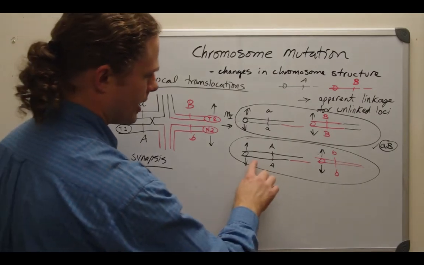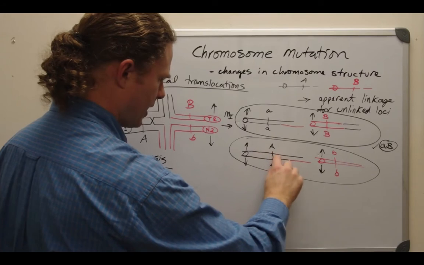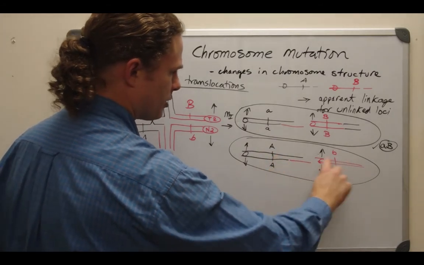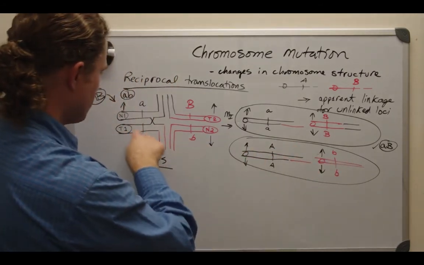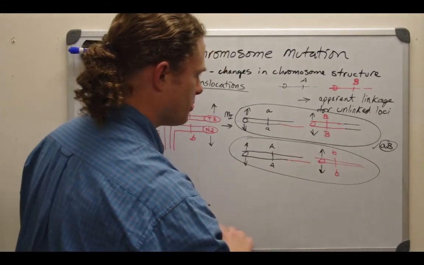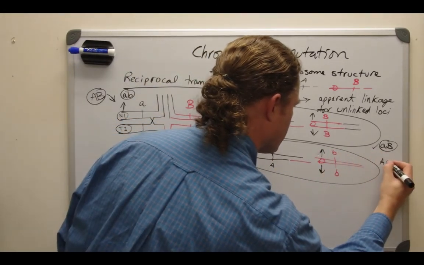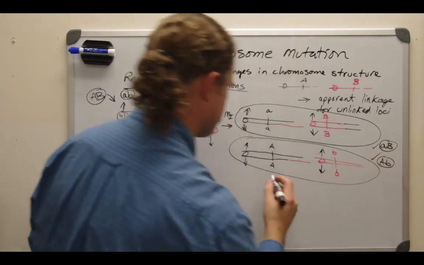It's also a way to get a big A compatible with a little b, because now we have this big A allele which is crossed over onto a wild-type chromosome structure. So this one here would be a big A with a little b that survives.